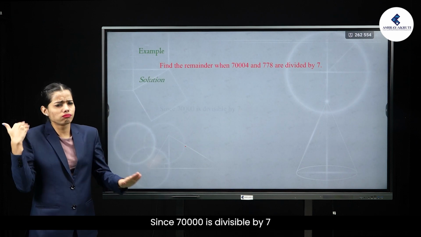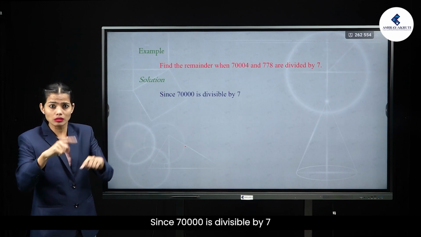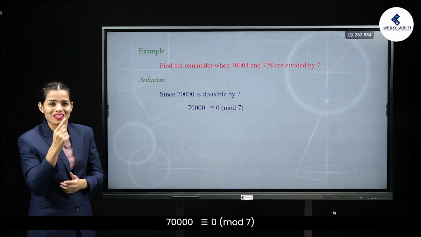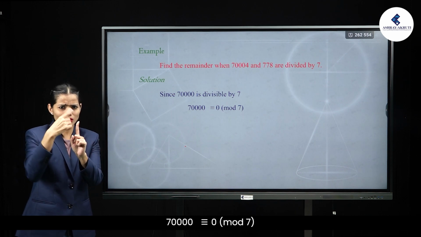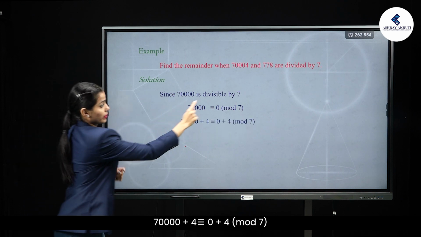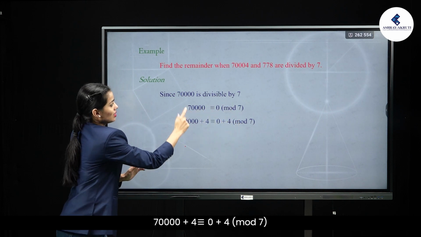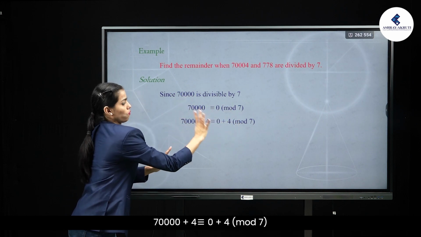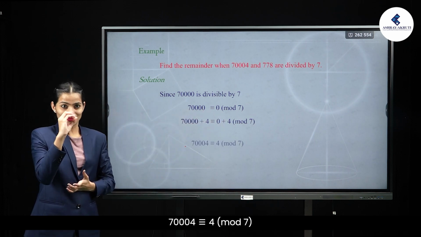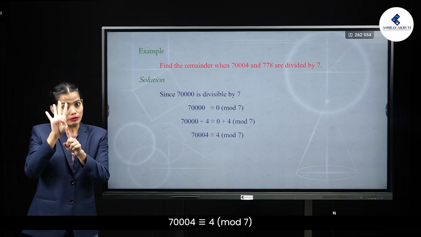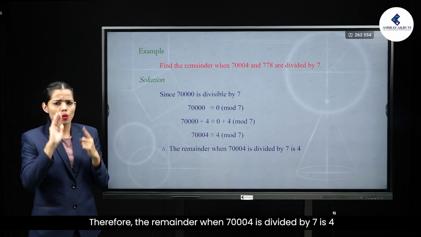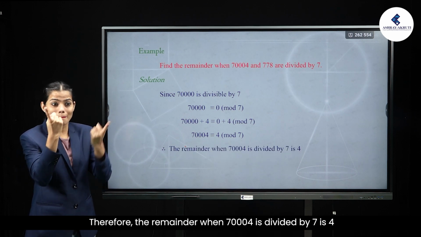Solution: since 70,000 is divisible by 7, 70,000 is equal to 0 mod 7. 70,000 plus 4 is equal to 0 plus 4 mod 7. 70,004 is equal to 4 mod 7. Therefore, the remainder when 70,004 is divided by 7 is 4.